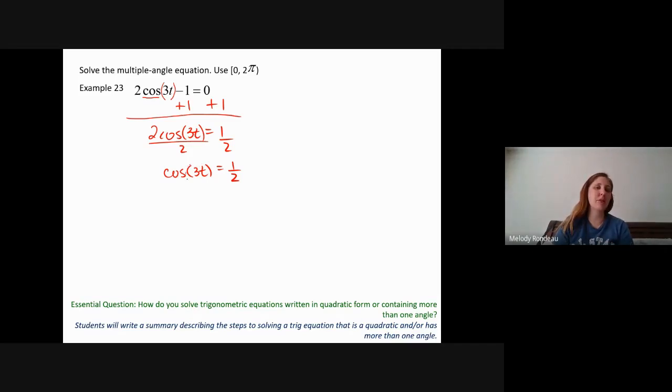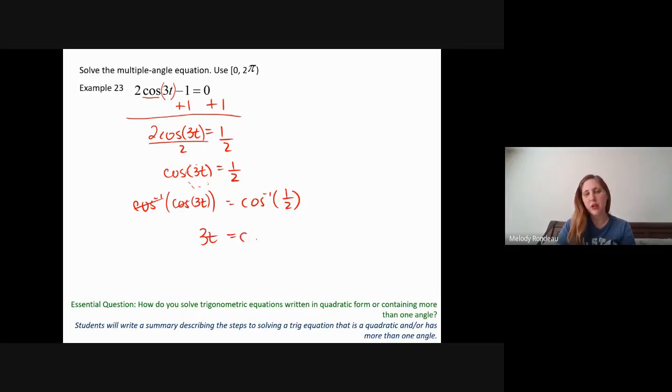I'm just going to think of this whole thing as my variable, my angle I'm trying to figure out. So I'm going to keep going. I need to get rid of my cosine, so I'm going to take cosine inverse. And of course, I do it to both sides. And so the cosines cancel. I have 3t equals cosine inverse of 1/2.